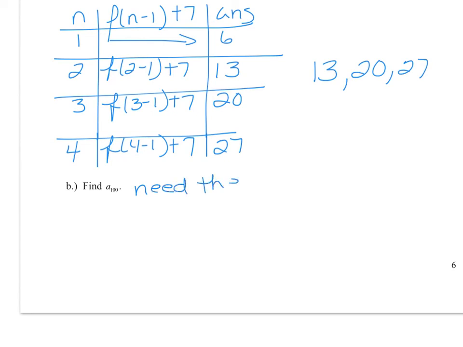Now we don't have the 99th term, but we could find it. We could see how many 7s we would have to keep adding to get to the 99th term. Or we can write an explicit formula, because with an explicit formula you can find any term of a sequence.